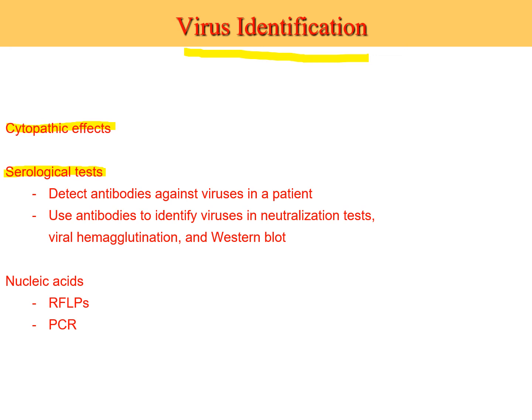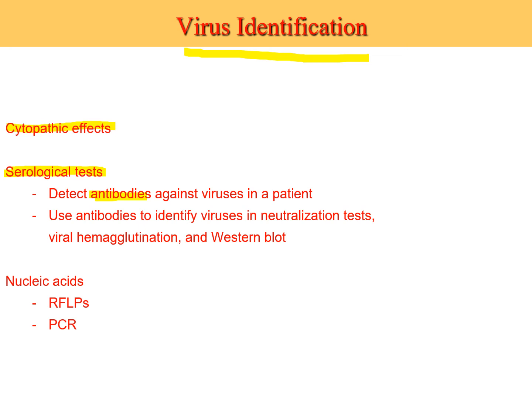I mean, with an infection, typically you do get antibodies forming. And you can find them, detect them in the patient's serum. Sometimes we use purified, highly processed antibodies for identifying viruses. Sometimes it's different kinds of tests that allow us to identify what virus is present in a sample.